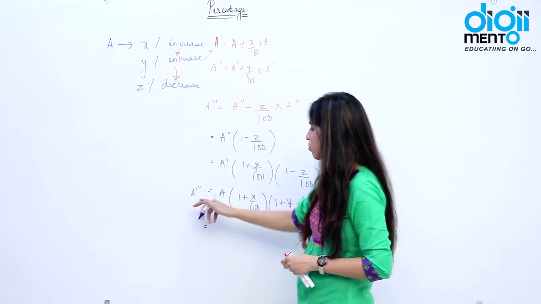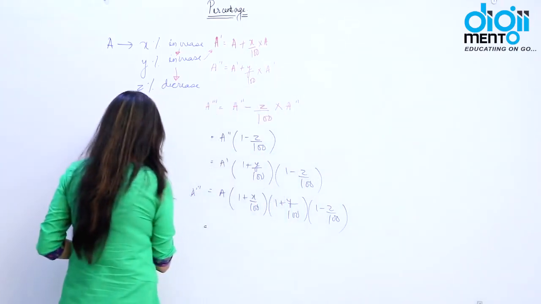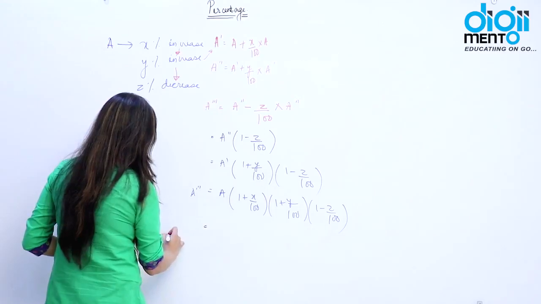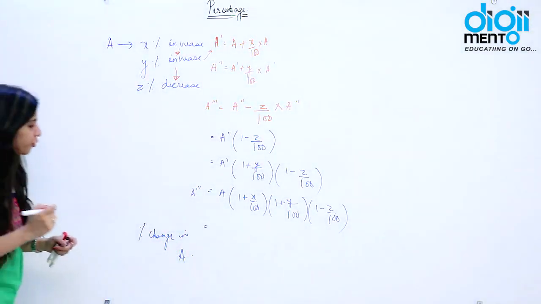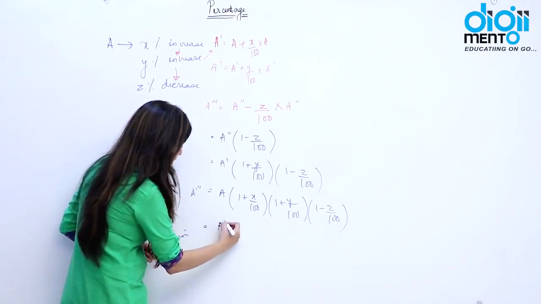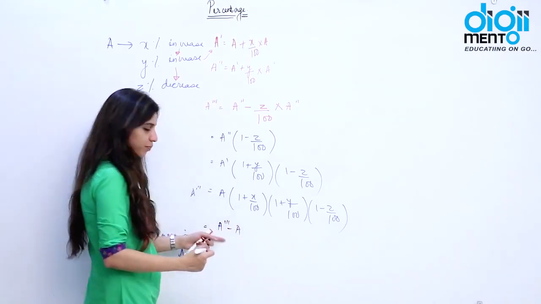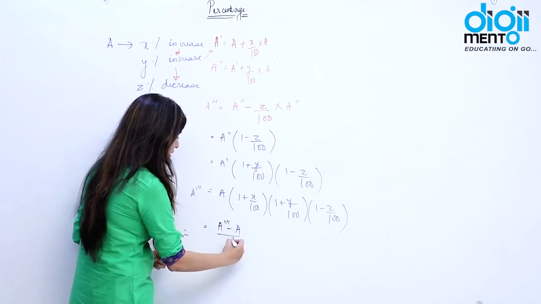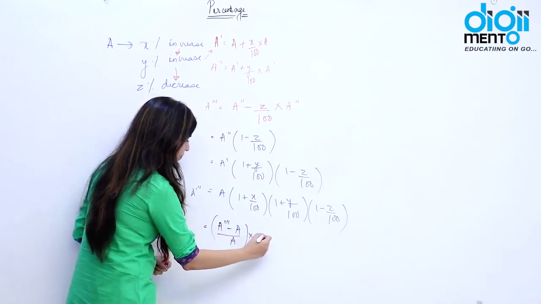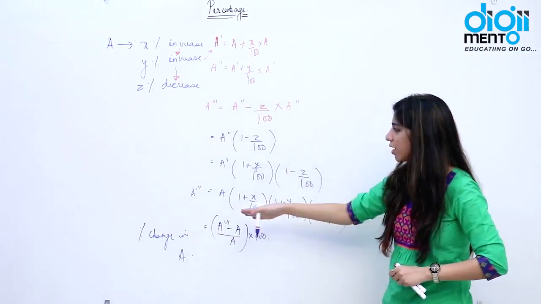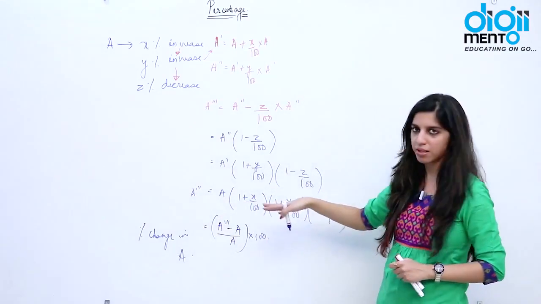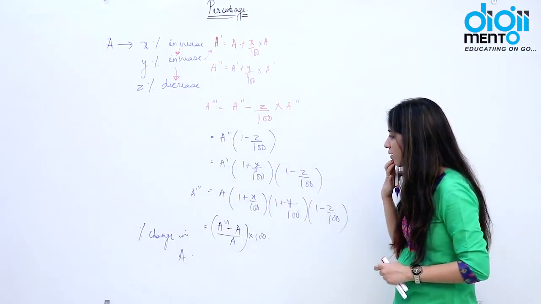So if I am required to find the percentage change in A, what do you need to do? A triple dash minus A, upon A, into 100. Fine, you just find this value, okay. Final value is going to be this one only.